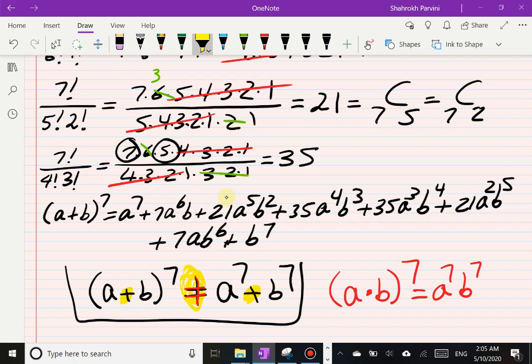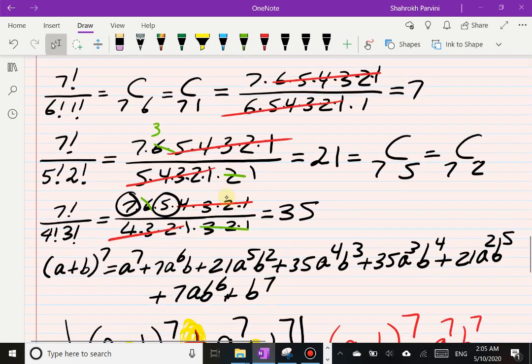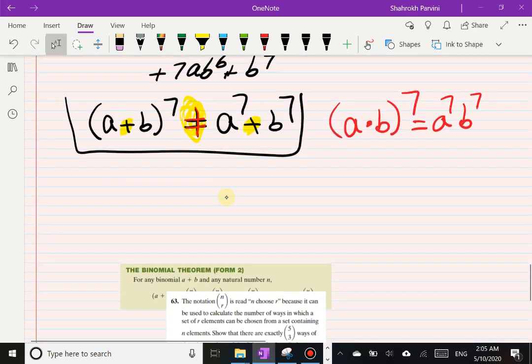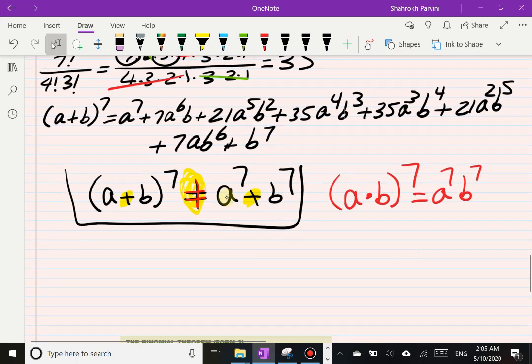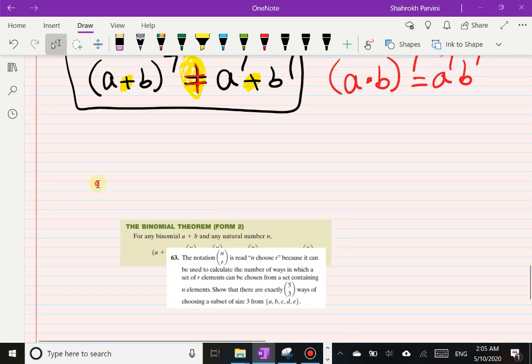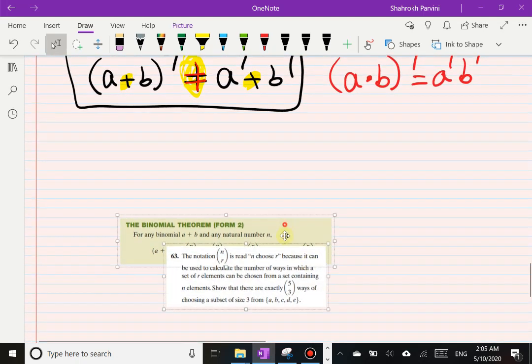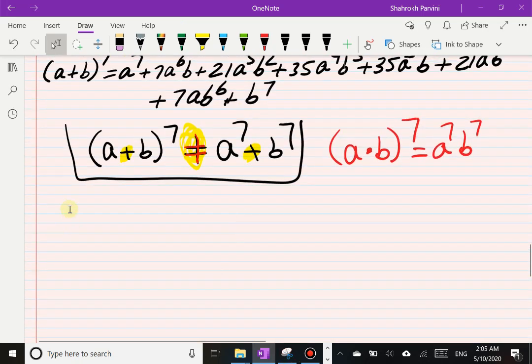Okay, now, so we're done with the expansion of (a+b)^7. Now we are in a position to actually talk about the binomial theorem. Let me write the binomial theorem, and then we actually look at how the book does it. Let me move that away again. So this is what the binomial theorem is.